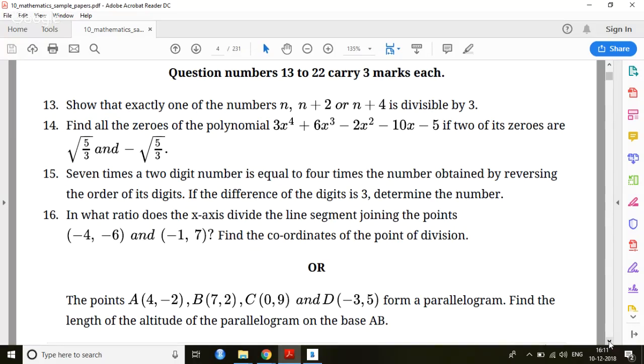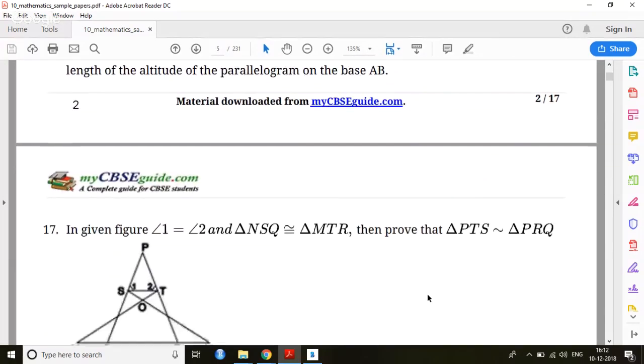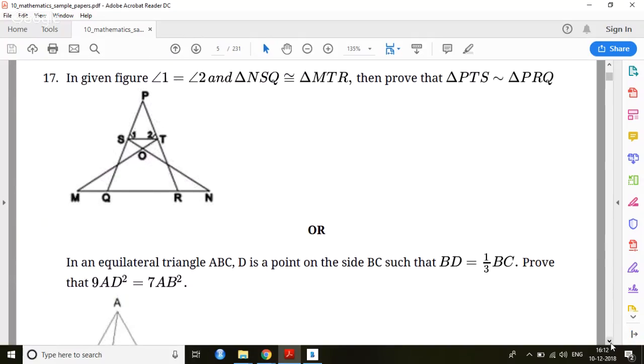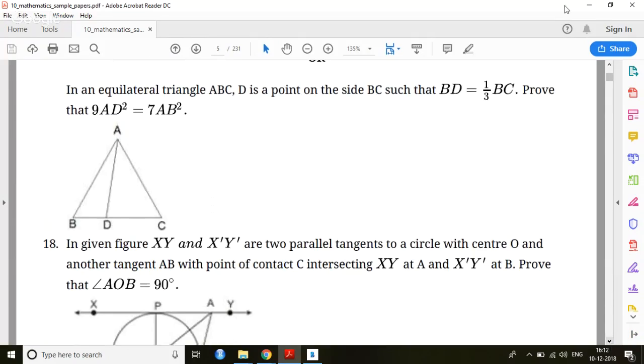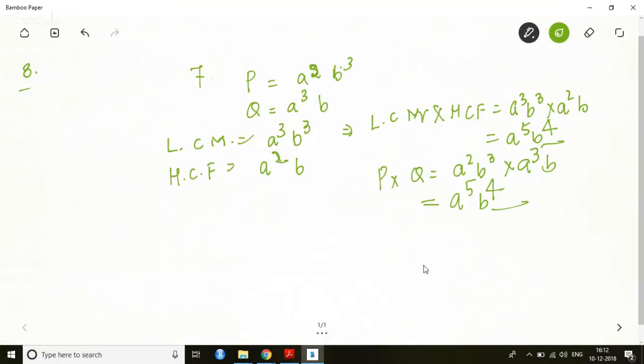I solved Mehul the seventh question already. Look at here, those who have not done seventh question.